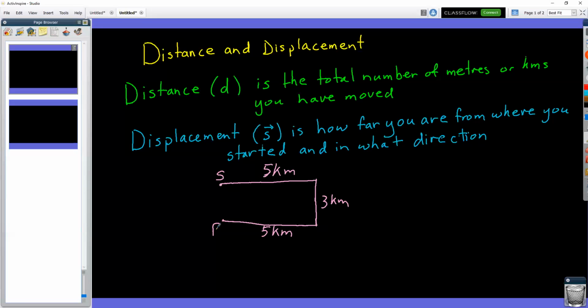We'll call that finish. So the distance is equal to how far we've walked. So from start, we walked 5 kilometres, 3 kilometres, and then another 5 kilometres. So 5 plus 3 plus 5, which is 13 kilometres.